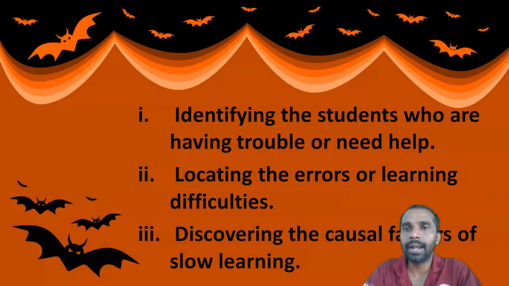Third one, discovering the causal factors of slow learning. In some cases of learning difficulties, the causal factors are relatively simple. A student may be inattentive during the teaching learning or may be committing errors due to insufficient practice or irregular attendance.